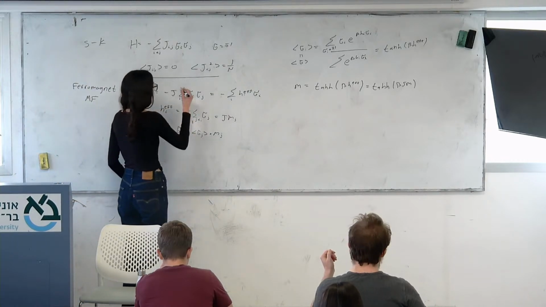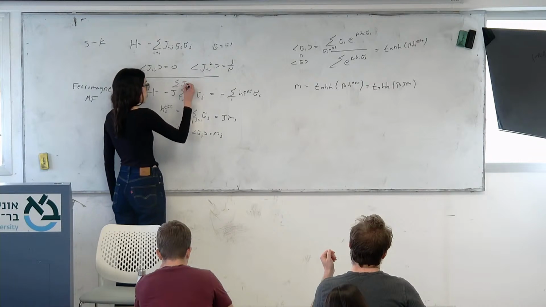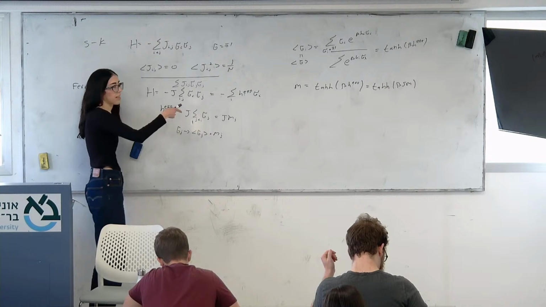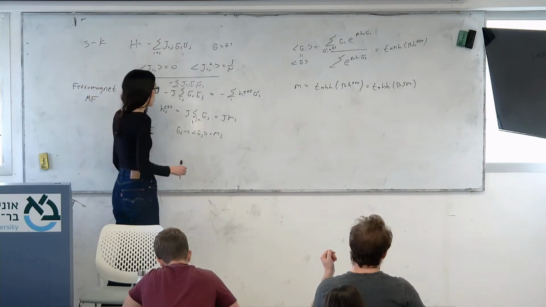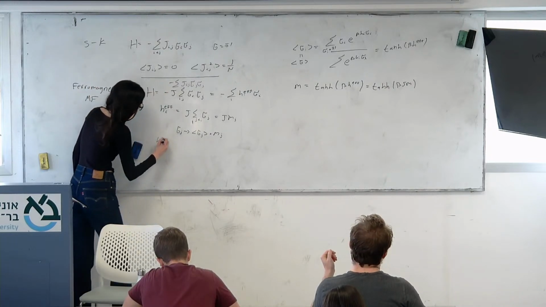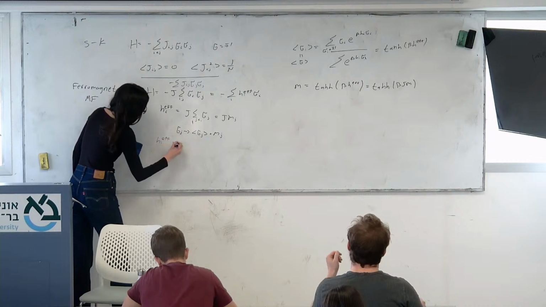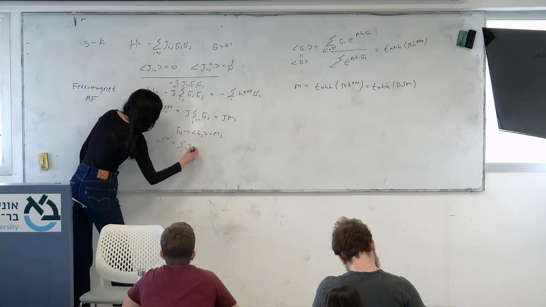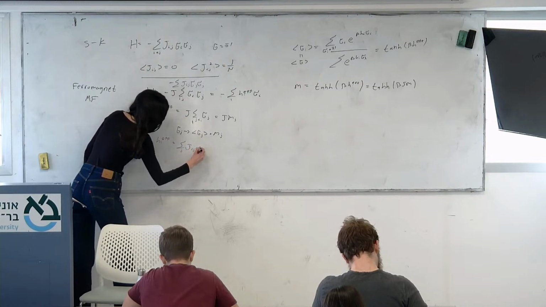So now here we have J_ij inside the Hamiltonian, which means the effective field is the sum over j of J_ij sigma_j.